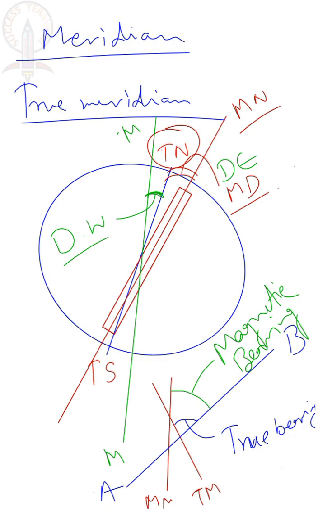It may be inclined in such a way that one pole of the magnet is slightly downward and the other part is upward. This phenomenon is known as the magnetic dip of the magnetic needle. The angle between the horizontal line and the inclined magnet is known as the dip of the magnetic needle.